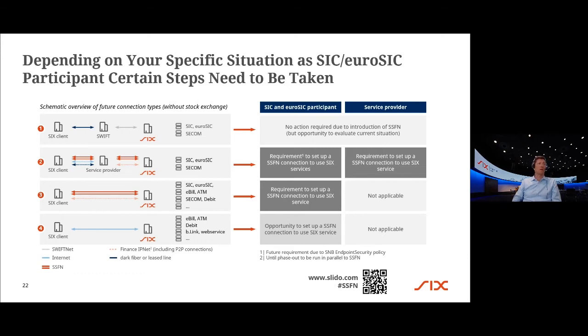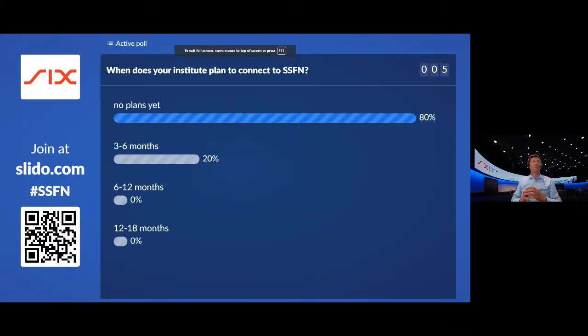And then in the second step, those SIC and euroSIC participants which connect via a service provider will also need an SSFN connection. The question we asked in Slido was: when does your institute plan to connect to SSFN? Have you already got any plans? And if yes, when do you think that you will start connecting to SSFN?